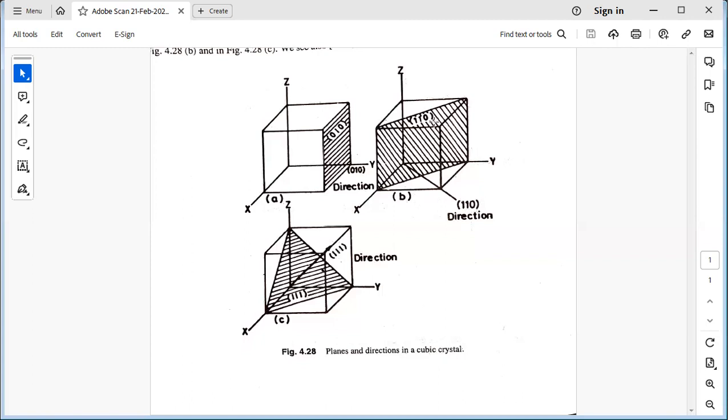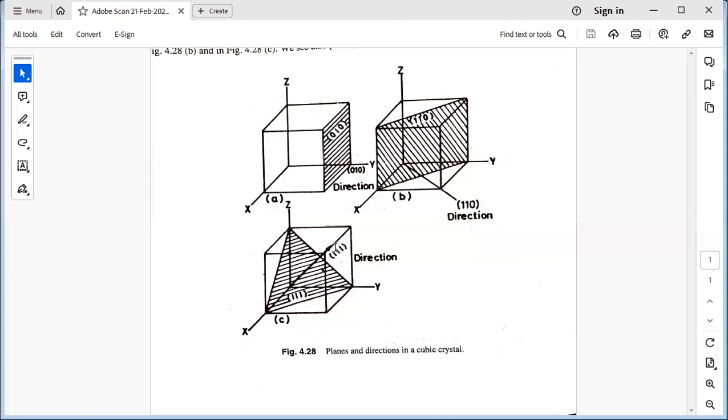Similarly, if you are going from the origin to this corner, this is the 1, 1, 1 direction, and here also the 1, 1, 1 direction is shown.